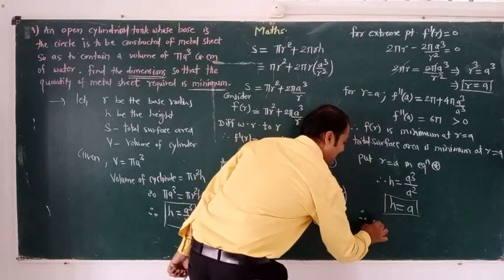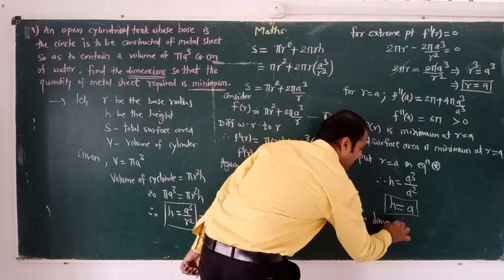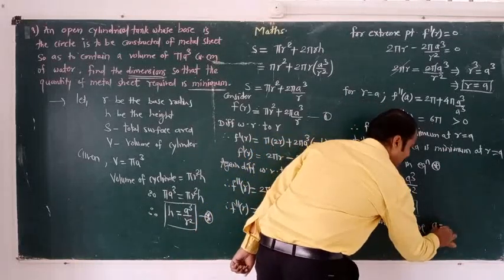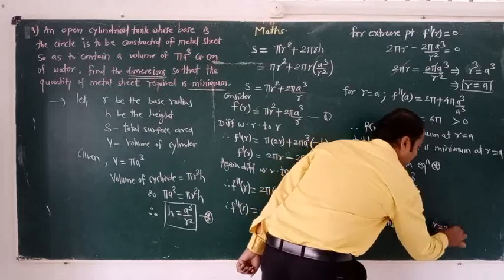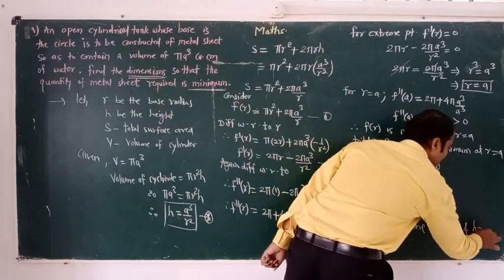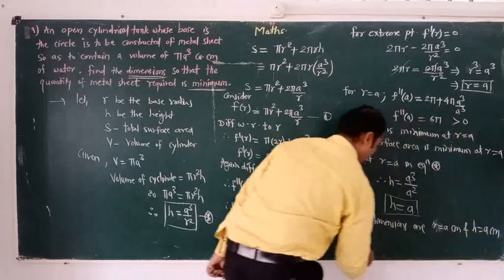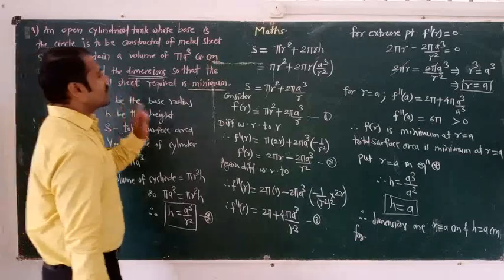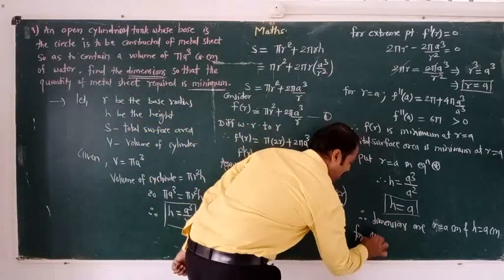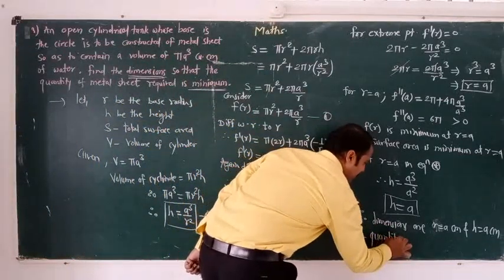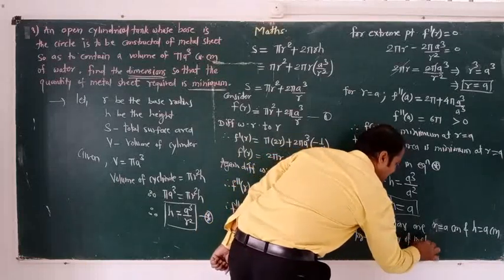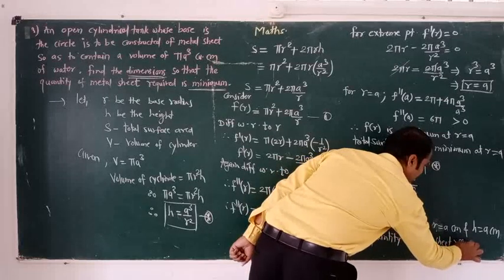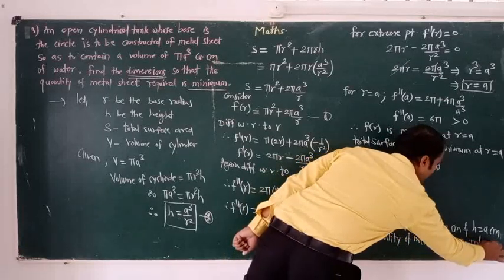Therefore, the dimensions are R is equal to a centimeter and height is also equal to a centimeter, for what? For the quantity of metal sheet required to be minimum.